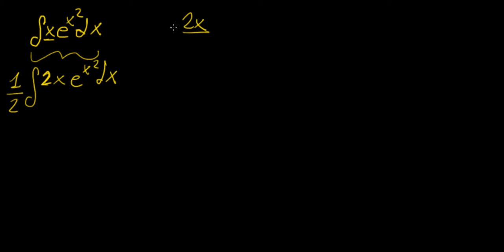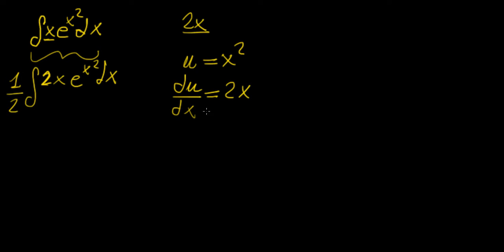So now that we have that relation, what can we do? Well, we can say, let's say a new variable u is equal to x squared. And let's have du over dx. So let's differentiate this new variable with respect to x. That's going to give us 2x. All right, that's all good.